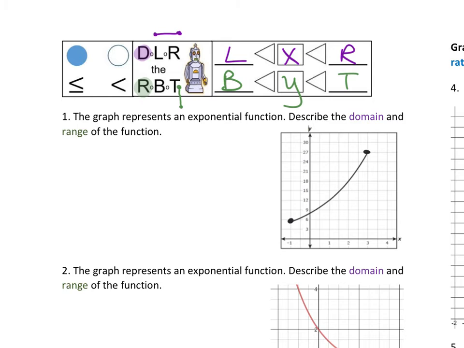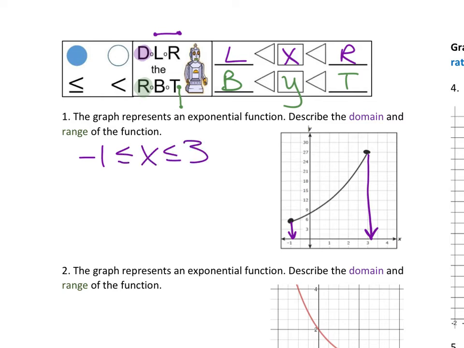So here we go. We have the very left of the graph here and the very right of the graph there. It does not extend any more left or any more right than what I've already put down on this paper. So we're just going to pick up those numbers and describe them from the left of the graph with a closed circle to the right of the graph with a closed circle.